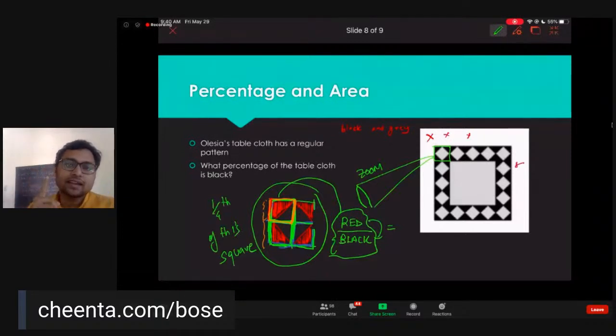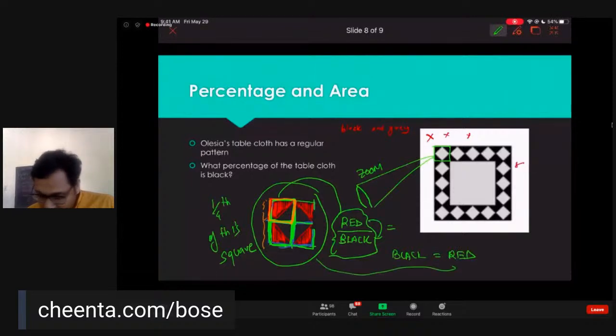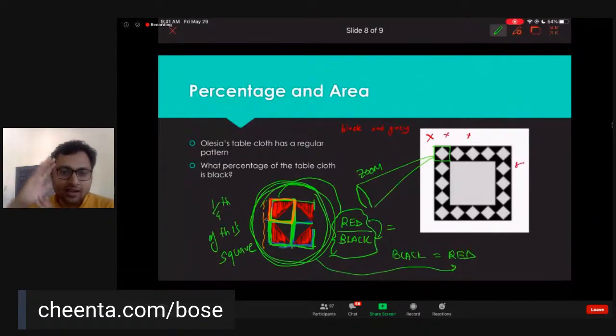So the black and the red are equal even in this larger square, right? Okay, so I'm proceeding absolutely visually. I'm not going to use any formula until the last step of the process.